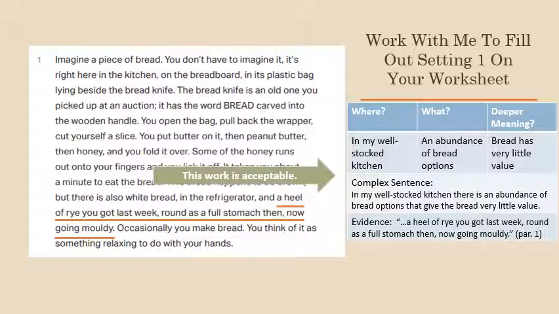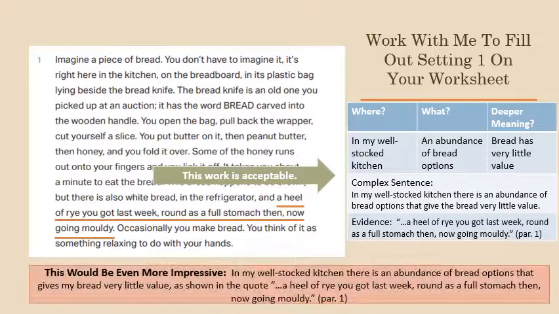So if you were to want to show me something a little bit more complex than what I've put in the worksheet, then what you can do is write a more complex sentence that integrates the evidence into your sentence. So for example, it might look like this. In my well-stocked kitchen, there is an abundance of bread options that gives my bread very little value.